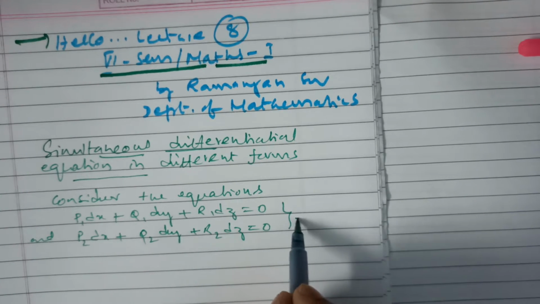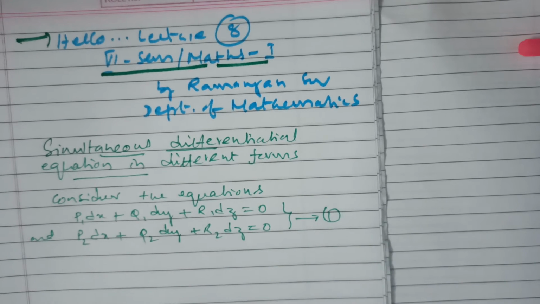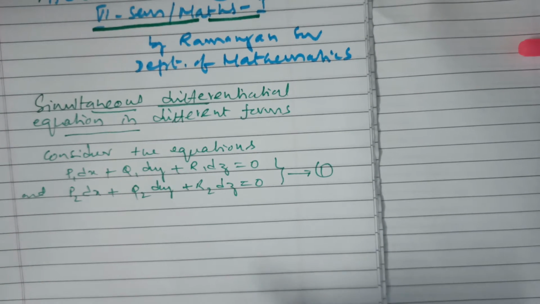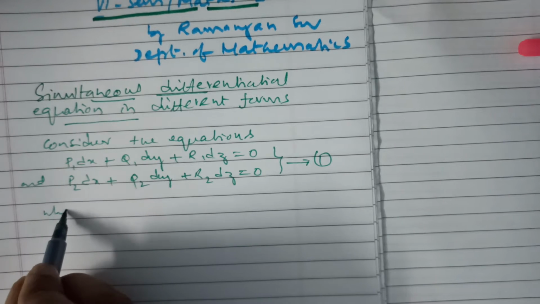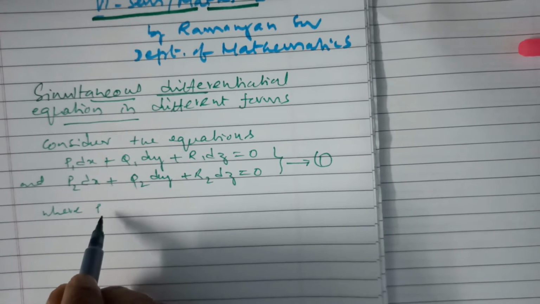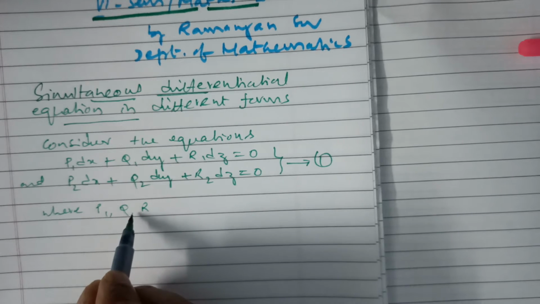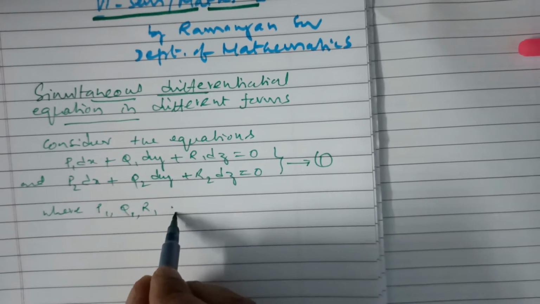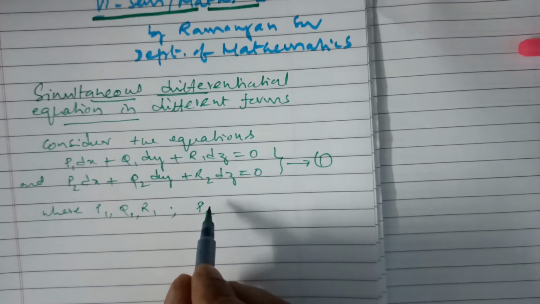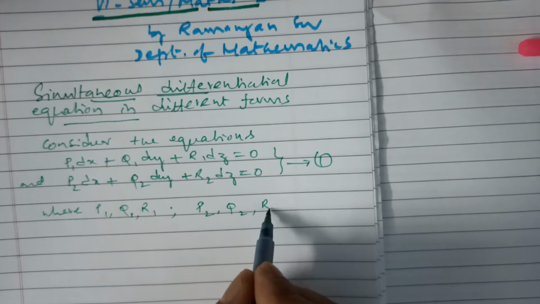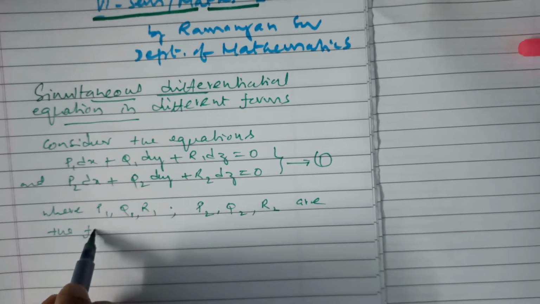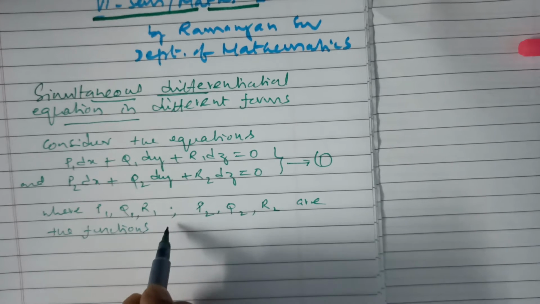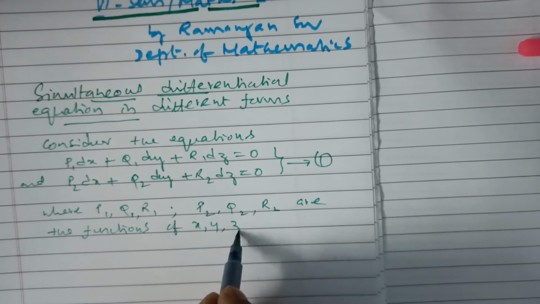So these two equations can be taken as one system of two simultaneous differential equations in 3 variables x, y, z, where P1, Q1, R1, P2, Q2, R2 are functions of x, y, z.